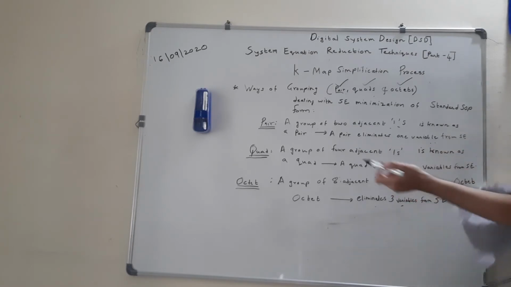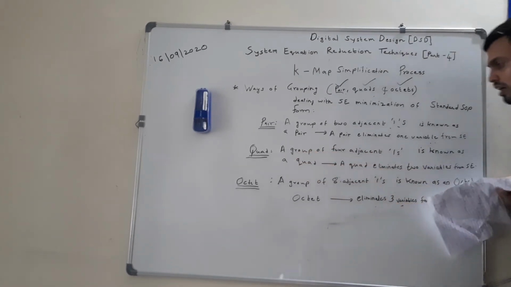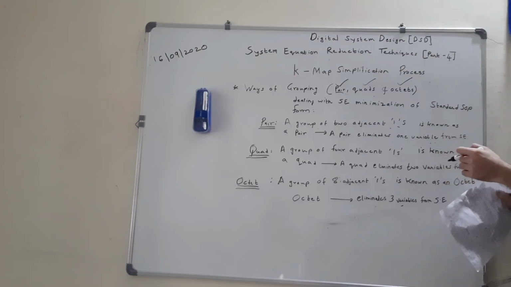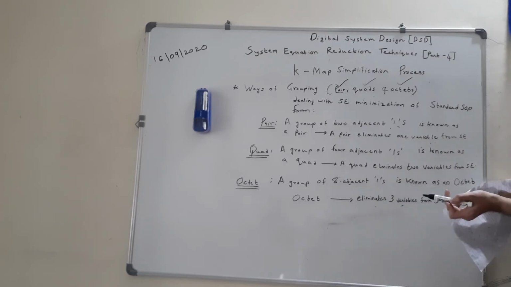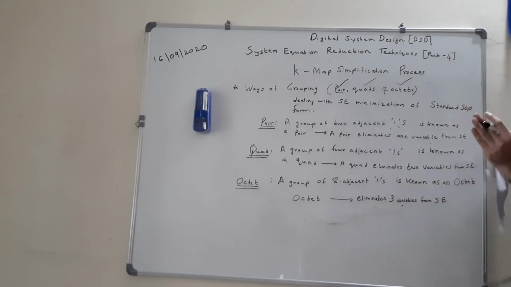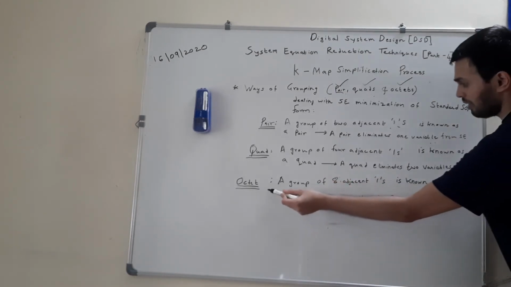Now the next thing, quad. A group of 4 ones that are present in the adjacent cells of a K-map is known as a quad. That means a group of 4 ones which are present in adjacent cells. Adjacency is a very important concept here. So when we form a group of 4 ones which are present in adjacent cells, 2 input variables are eliminated from the system equation. This is how we go on minimizing the expression. So the next point, octet.